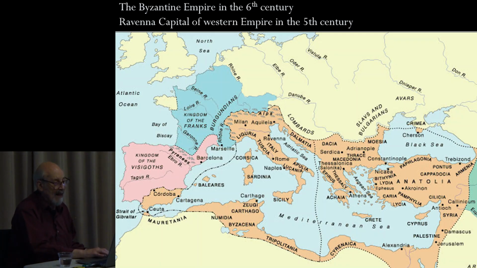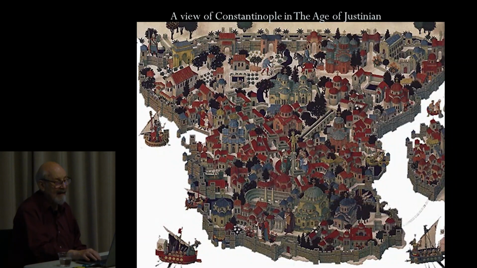On this map, Ravenna is just in the north of Italy, a little way south of Venice, looking out on the Adriatic Sea. And so this was a really important center of new architecture. Then we get to Constantinople.